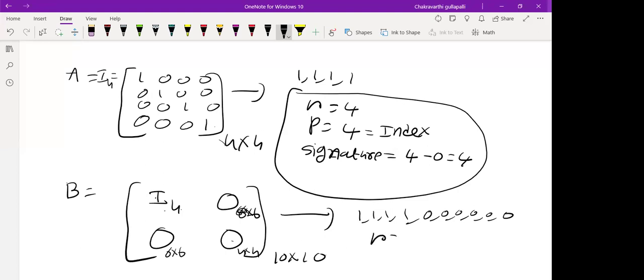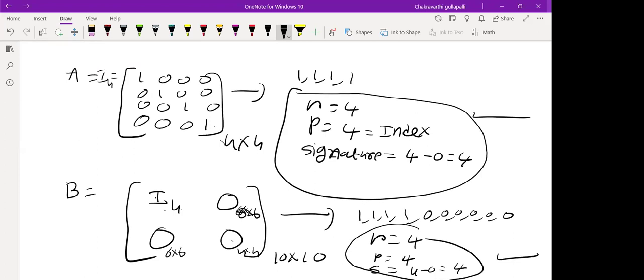So for this, what is the rank? How many non-zero? 4. What is the index? How many positive eigenvalues? 4. What is the signature? Number of positive minus number of negative: 4, no negative. So the data is the same. Therefore, they are isomorphic.